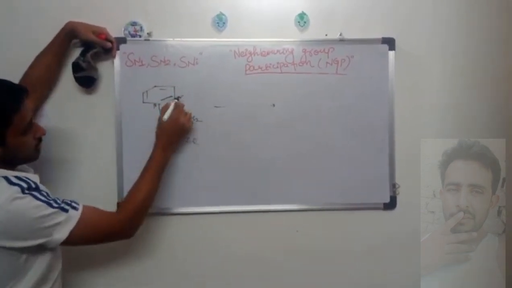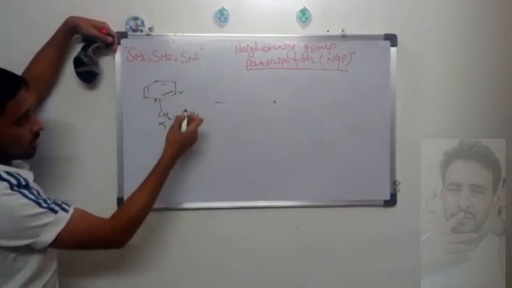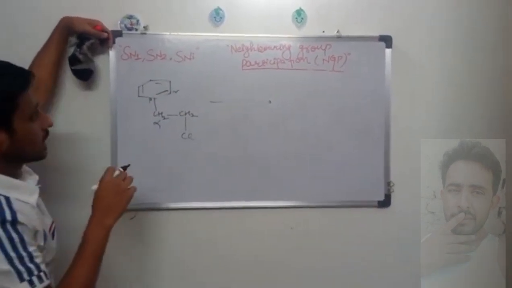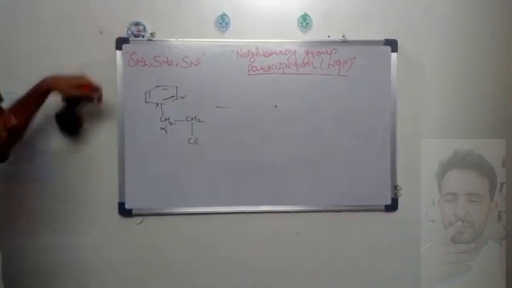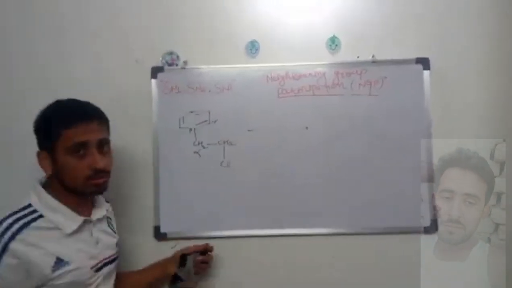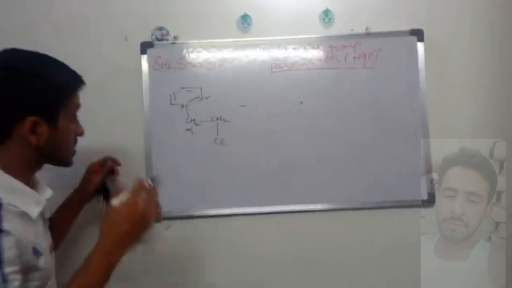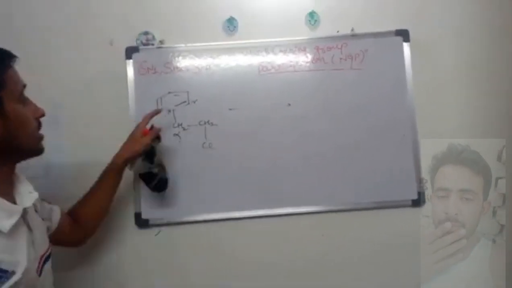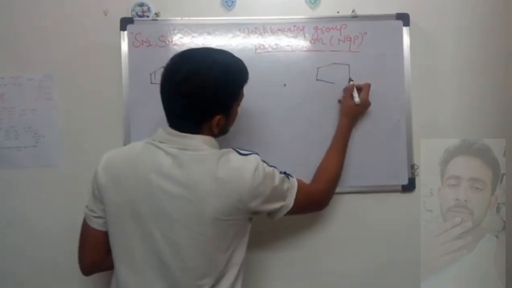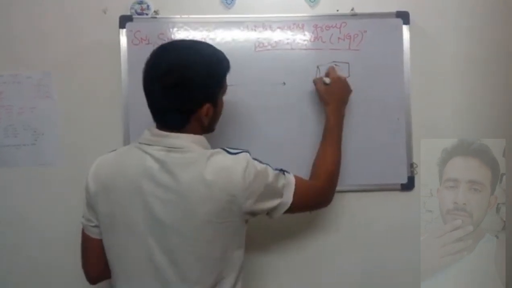So here the beta gamma carbons have one double bond which can act as a neighboring group. But in that case, many times students get confused because it is a benzene ring. Benzene is a highly stable molecule in itself because of resonance, but still there will be neighboring group participation, and because of that we end up with a very high rate of reaction.